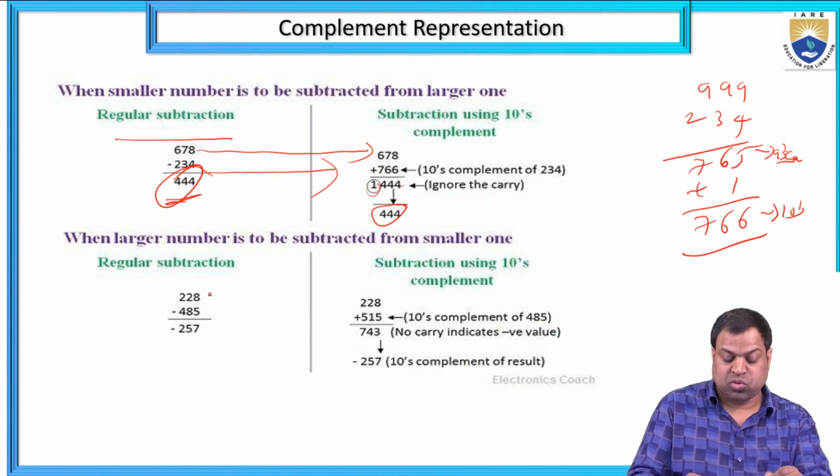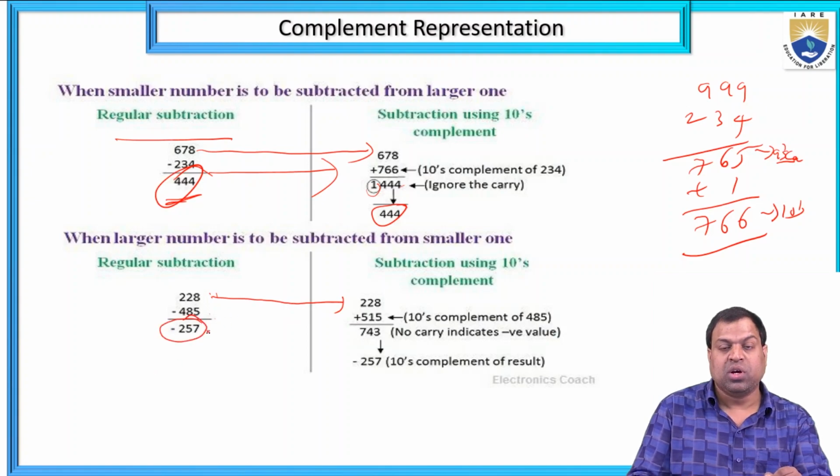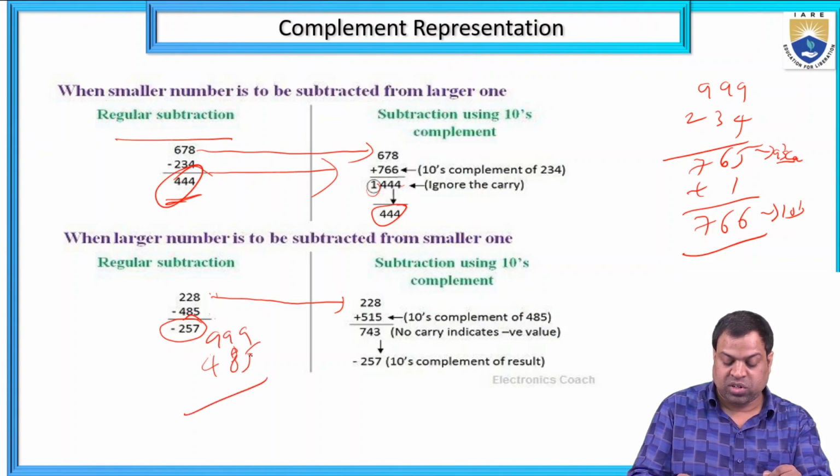Here it is smaller minus larger, which means we will definitely get a negative value. But what is the process in the nines complement? We have 228 minus 485. We perform the nines complement of 485: 9 minus 5 is 4, 9 minus 8 is 1, 9 minus 4 is 5, so 514 plus 1.